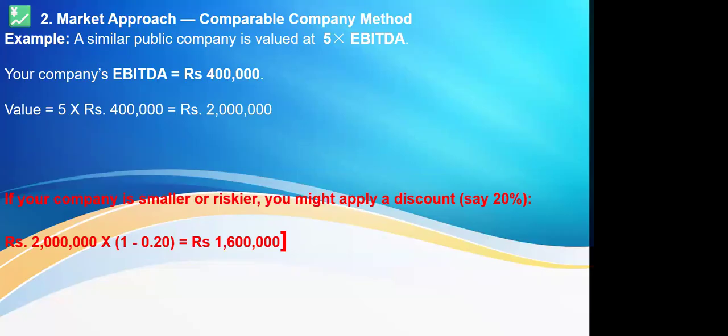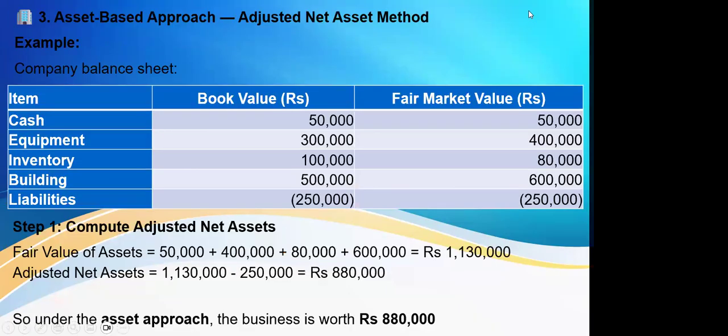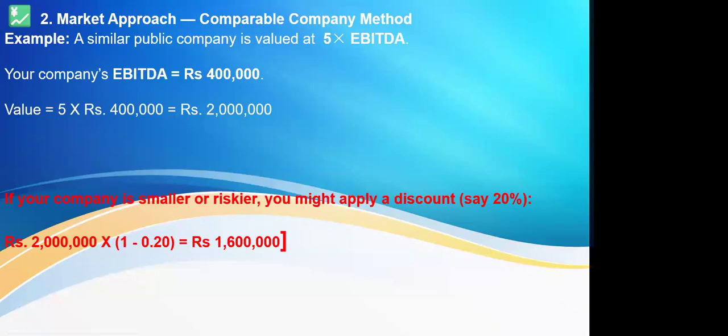Right. Next one is a similar public company valued at 5 multiplied by EBITDA, earnings before interest and tax. Even in the exam, I will give you the figure. I will never ask you to calculate what is EBITDA.